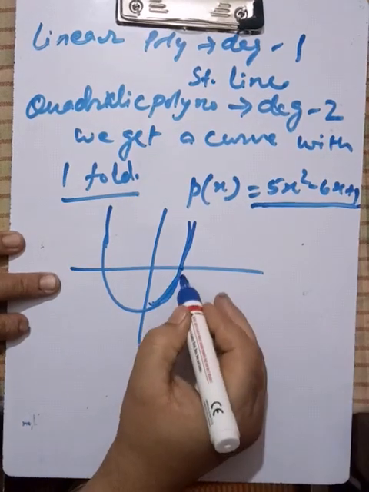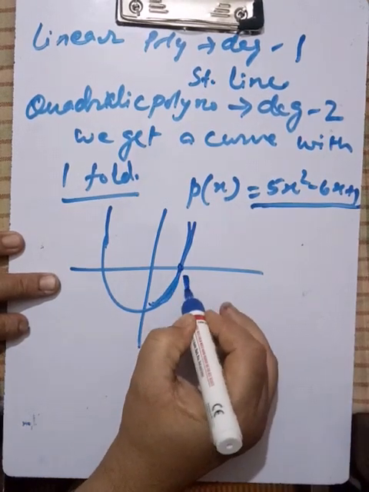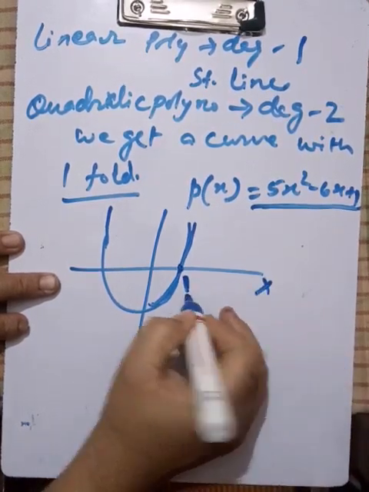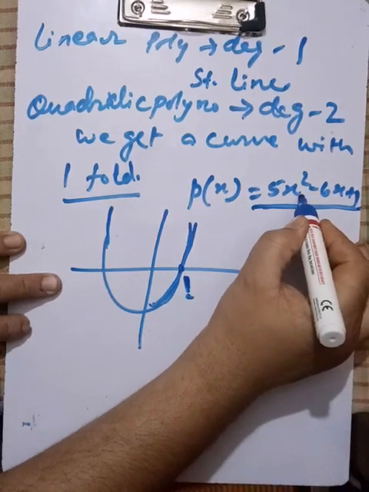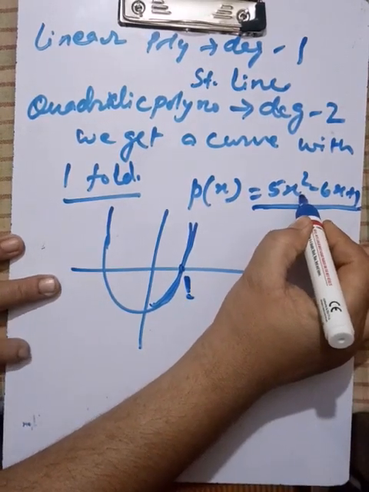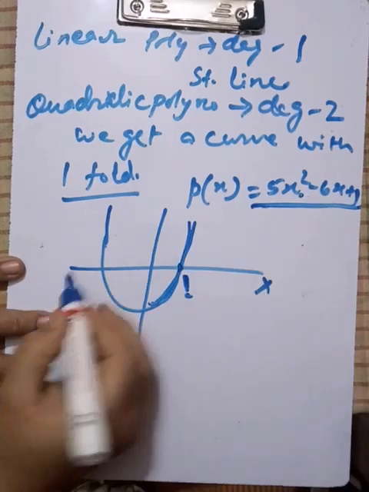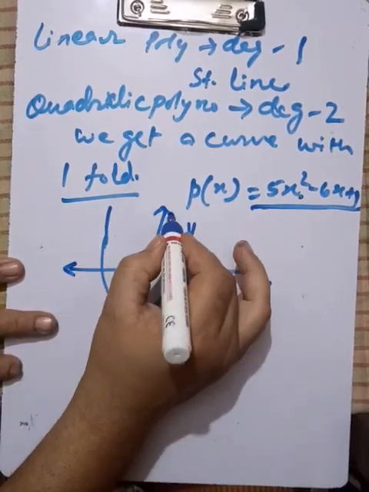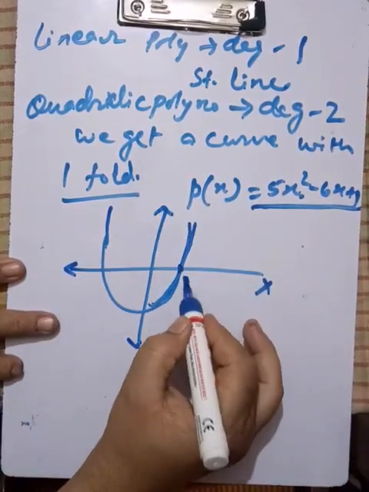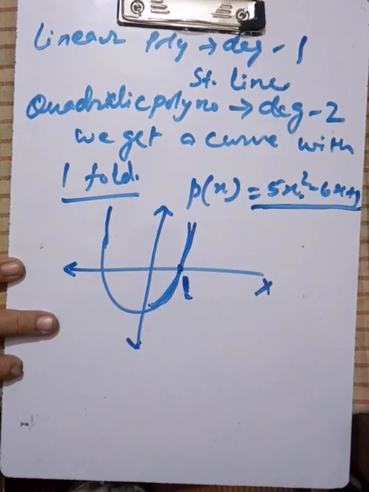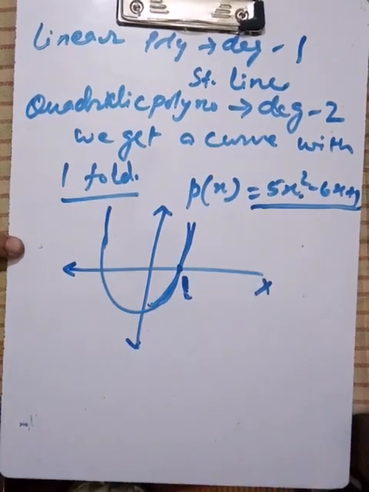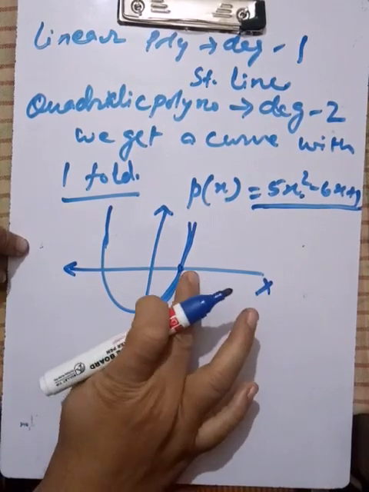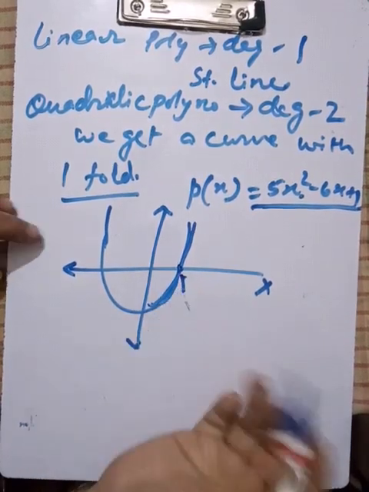So suppose it is intersecting here at 1. Because if on the x-axis you are taking 1, if you are putting 1 here, then you will get the value of y as 0. You have read this in graphs of class 8 and class 9 also. Suppose it is intersecting at 2 places, 1 and one another place.